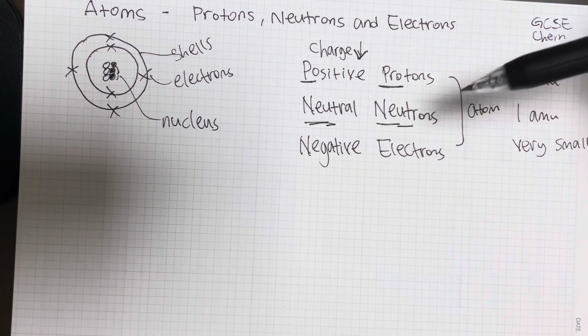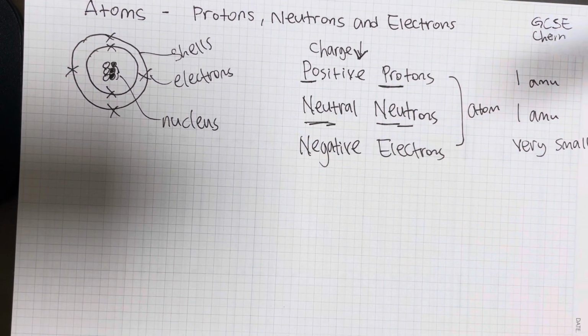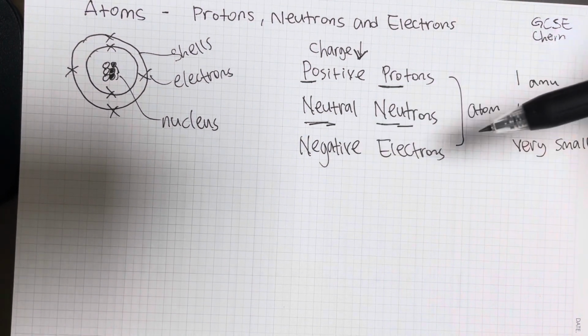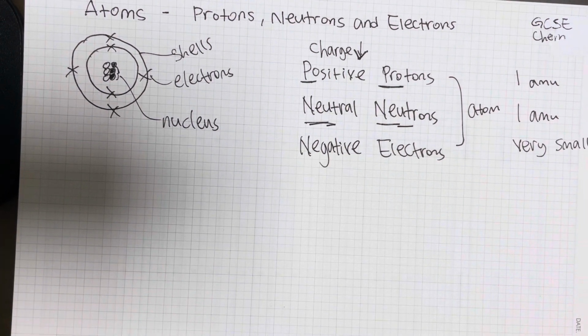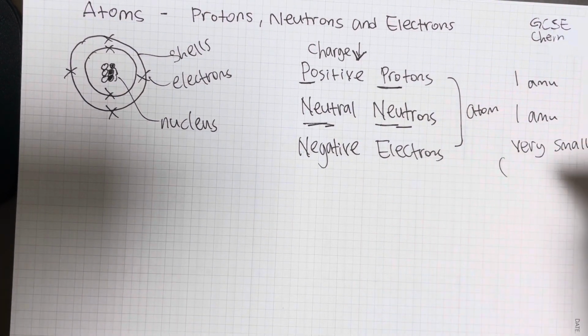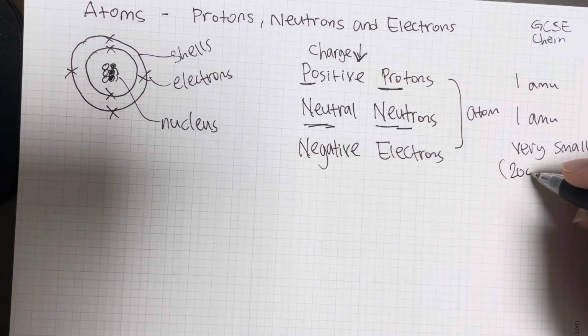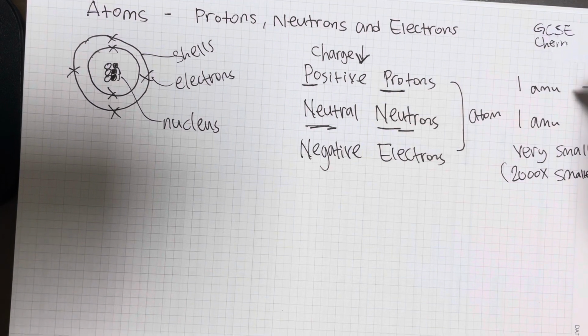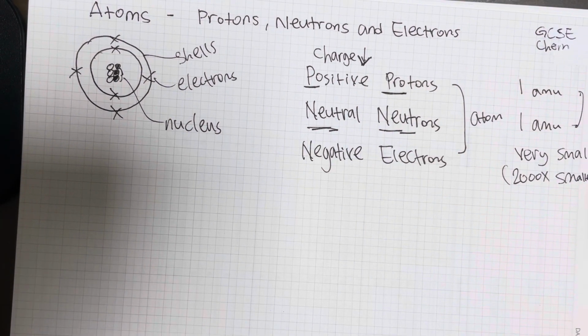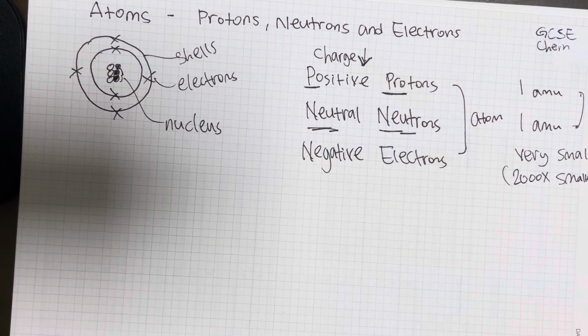Neutral neutrons are neutral, so they also have a mass of 1. But negative electrons are negative, so they're below 0. So they have a mass of not negative, but just very small. In more detail, the mass of negative electrons is about 2,000 times smaller than these two.